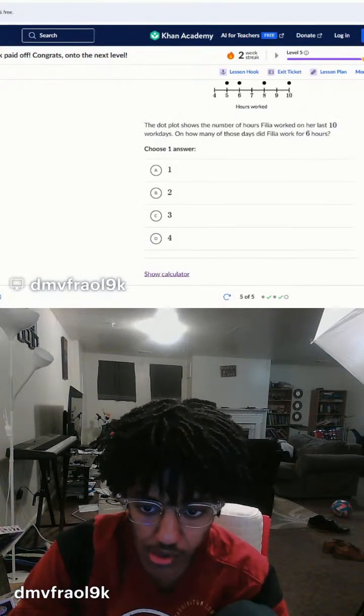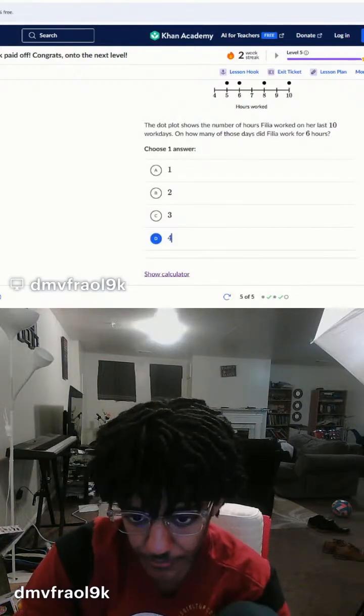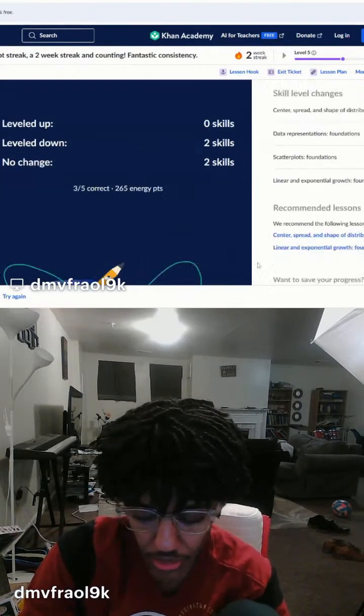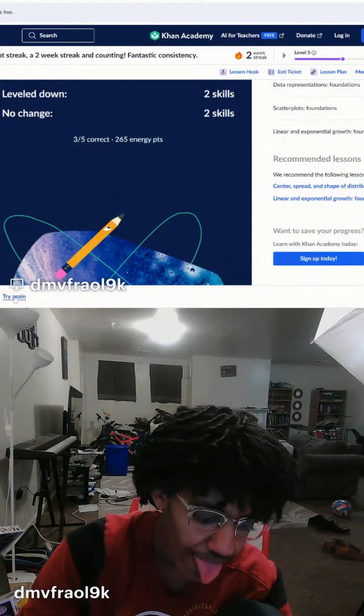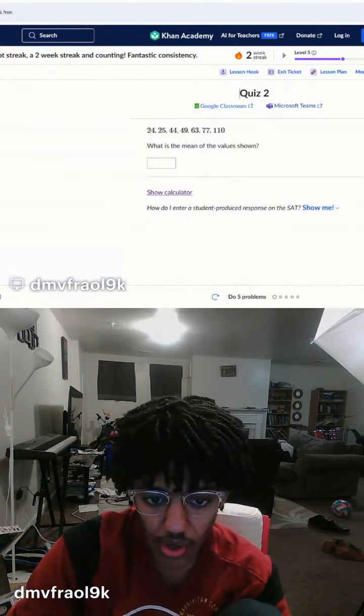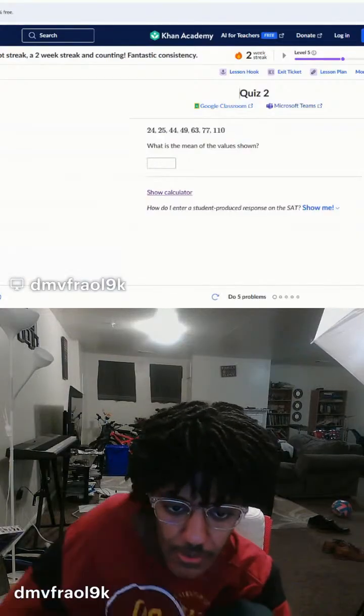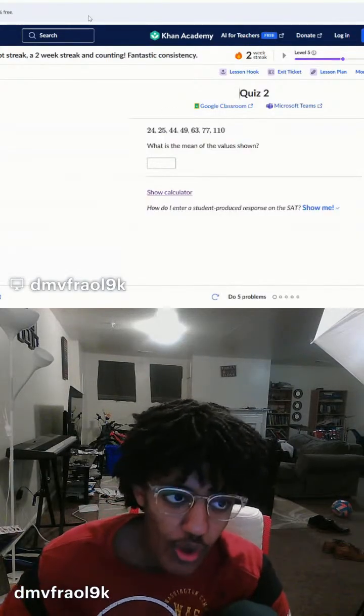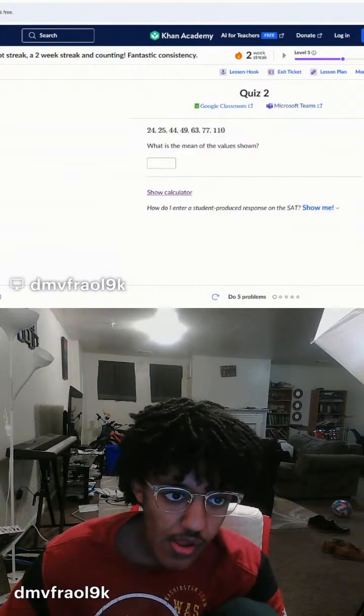On the dot plot, what is the mean? 110 minus 24.